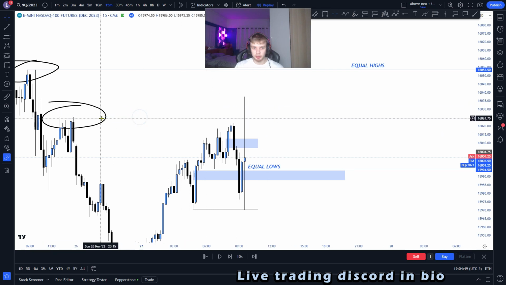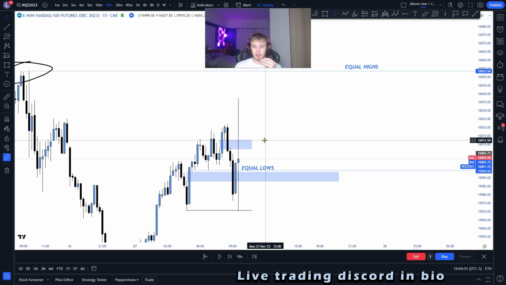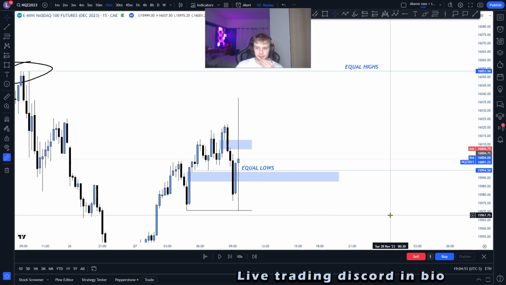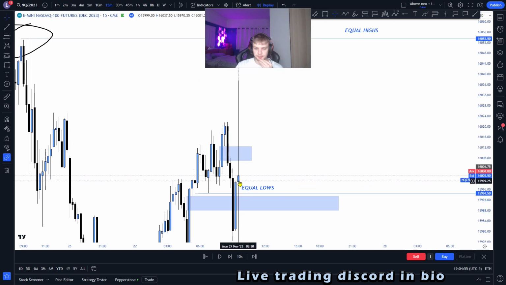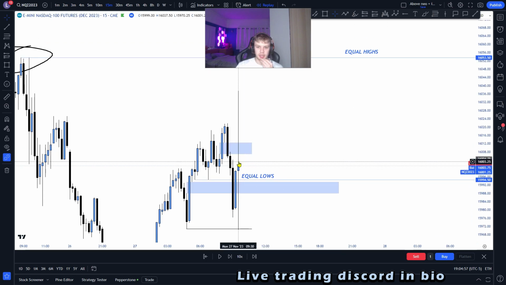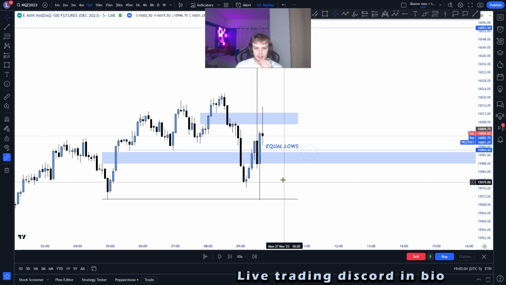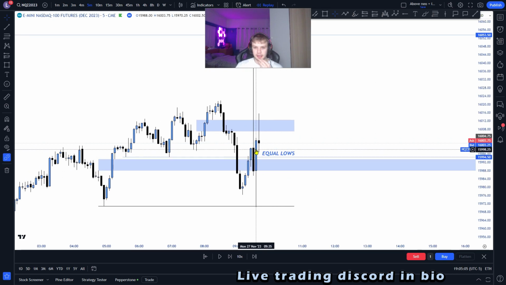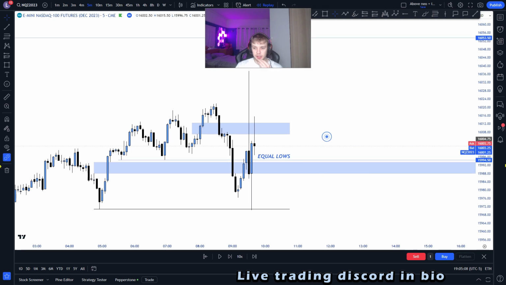So this equal high has already been swept out, which was quite annoying because I missed that move. I didn't enter into this trade on the 9:30 open, even though there was a very nice inversion setup model that played out. But yeah, I did not manage to enter into that trade.